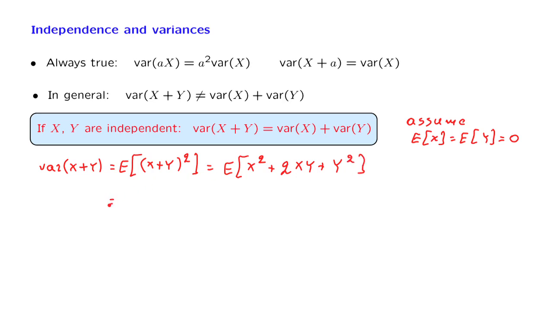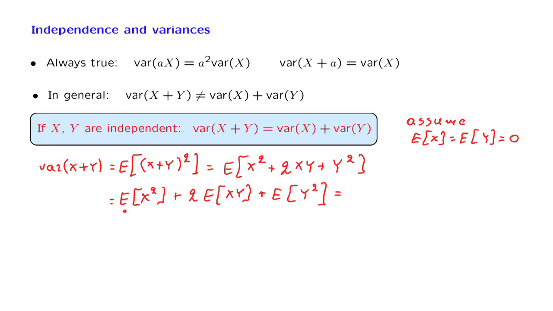Then we use linearity of expectations to write this as the expected value of X squared plus twice the expected value of X times Y, and then plus the expected value of Y squared.